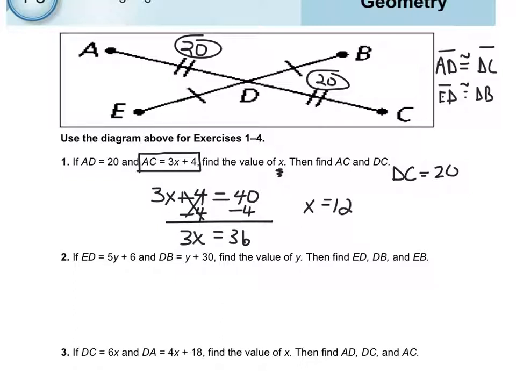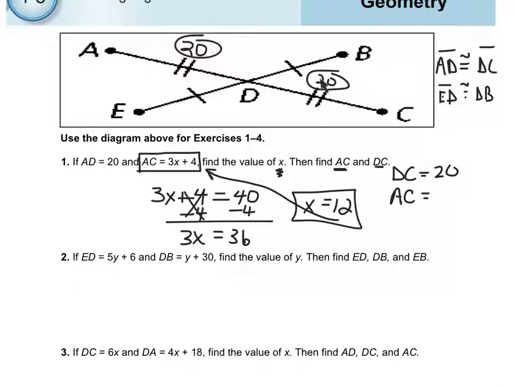Well, that's great because x is 12, but I want to know how long AC and DC are. We already got DC. For AC, there's a couple ways I can do it. I can plug it back into 3x plus 4, or I can take the two segments that I have.